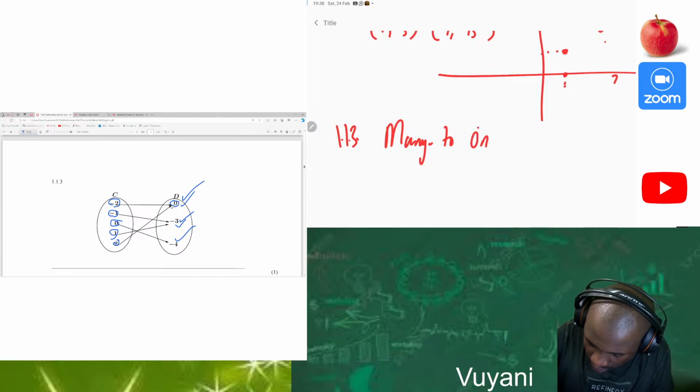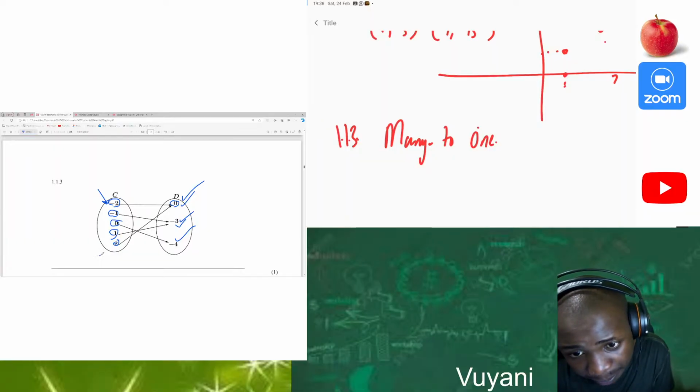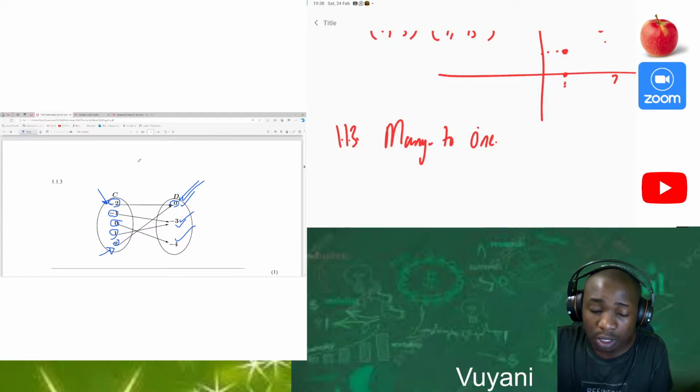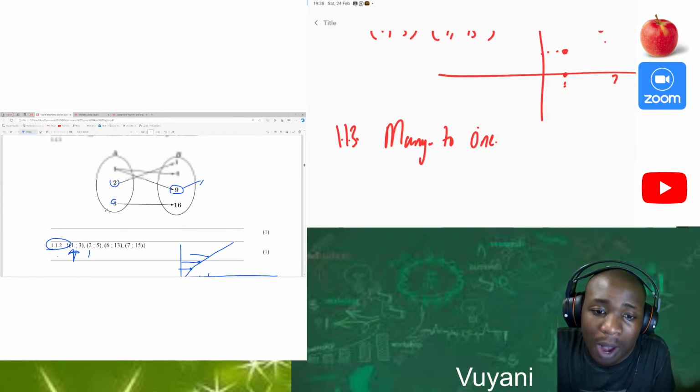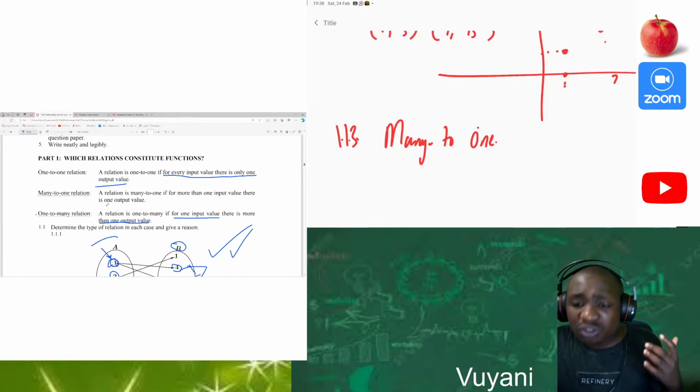many-to-one. As you can see, this input value here and this input value here have the same output value, which is 0. At -2 it is 0, and at 2 it is also 0. In those instances, we can say that this is a many-to-one relation. What's the reason behind it? They say we must also give a reason.